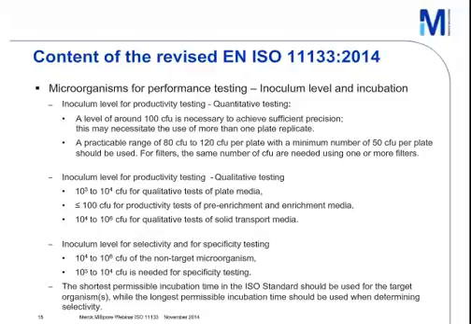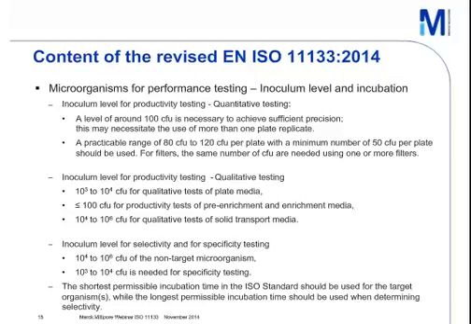Very important for the daily use in quality control: how high should the inoculum level be, and incubation. The inoculum level for productivity testing for quantitative testing is given, as well as the inoculum level for productivity testing for qualitative testing, and the inoculum level for selectivity and for specificity testing.